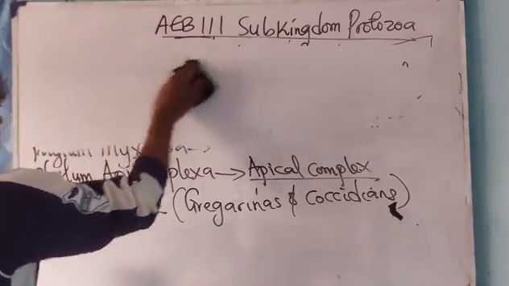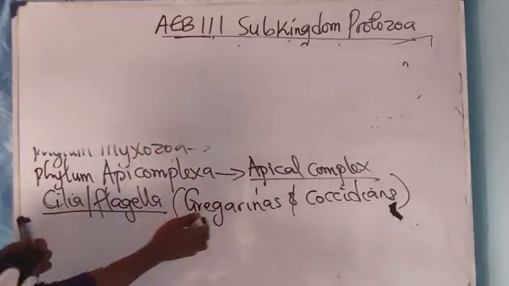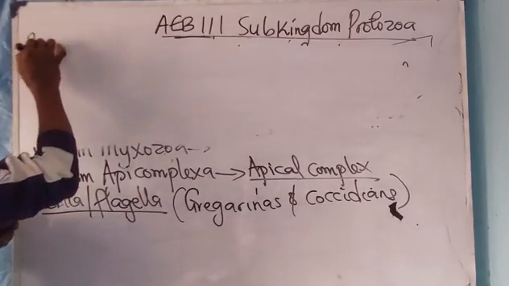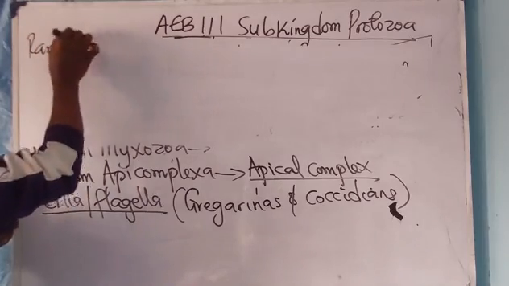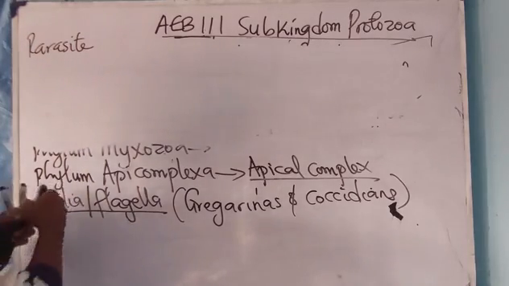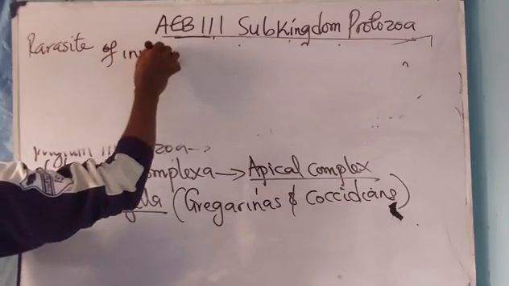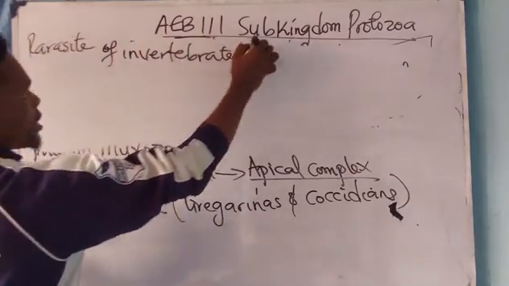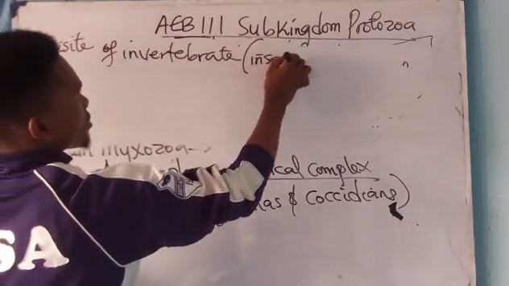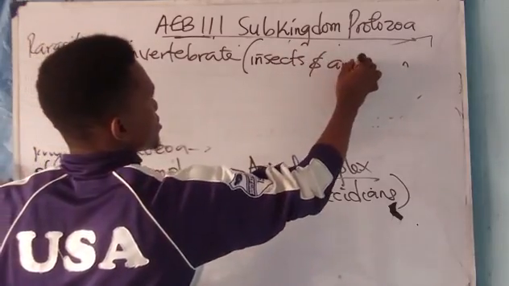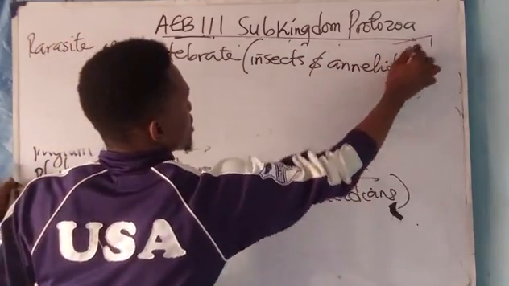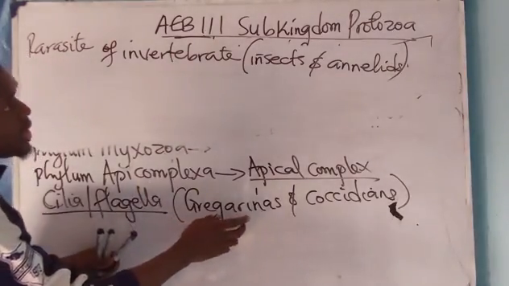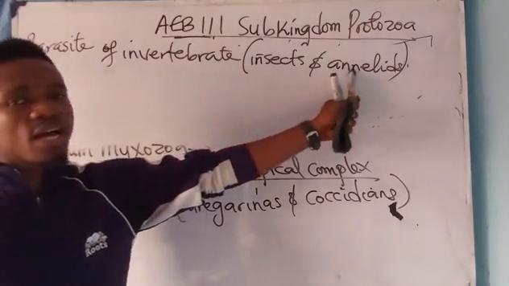Now, it's beyond what I just mentioned, so let's now take it fully. Now, the Gregarinans act as parasites of invertebrates such as insects and annelids. That is the Gregarines, the parasite of insects and annelids.